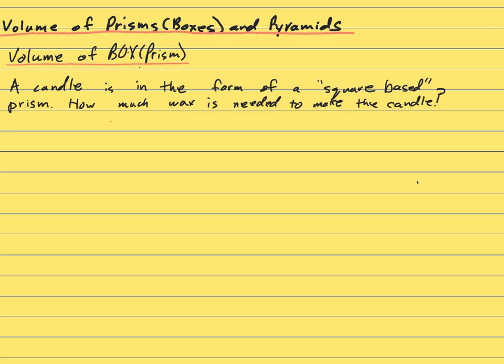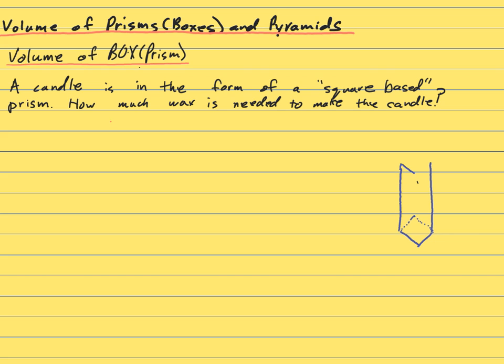So this is what our prism looks like. So we have the base of our prism. Notice I'm actually drawing it dashed for the back half of the prism, but then solid for the front half of the prism from the base. So there is our base, and then we have our heights.